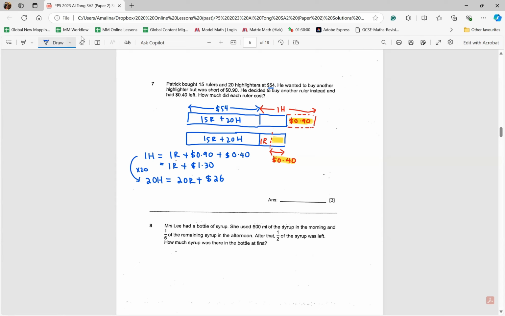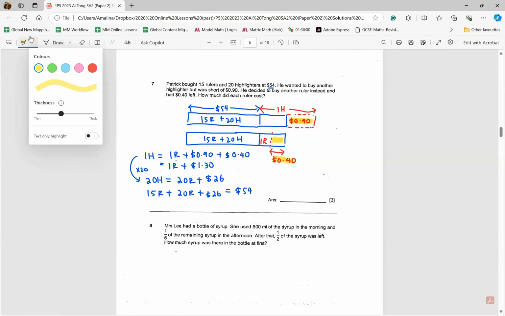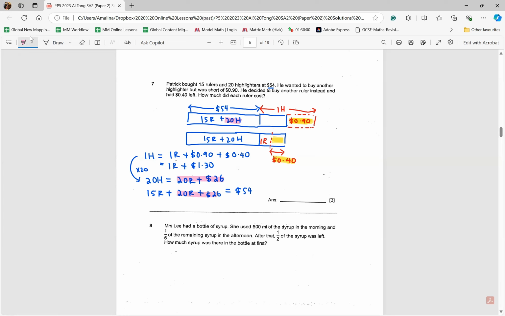Then I'm going to change this 15R plus 20H in terms of the ruler. So I get 15R plus 20R plus 26. This equals to my $54. Can you all see? This is my 20H, and I'm replacing it with my 20R plus 26.